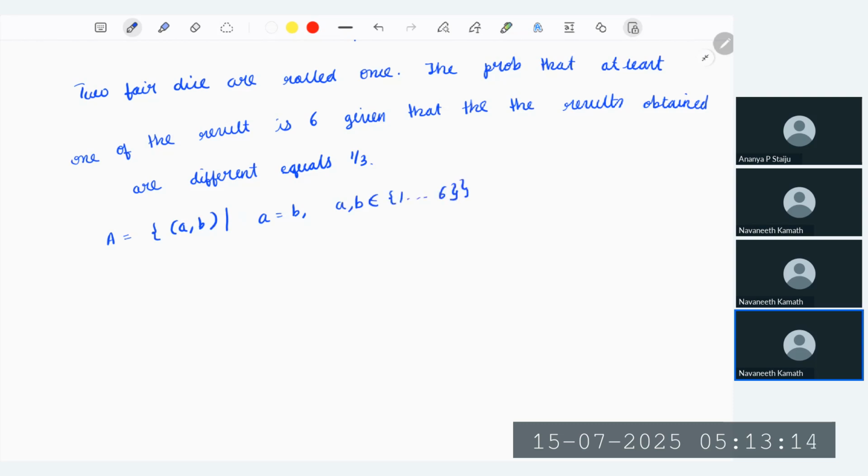This is for similar outputs: 1 1, 2 2, 3 3, 4 4, 5 5. And it can be reversed also. I'm saying the first die is 1, second die is 1, but it can also be the second die 1 and the first die 1. Are they different? No, it is the same. There is no difference between those two.